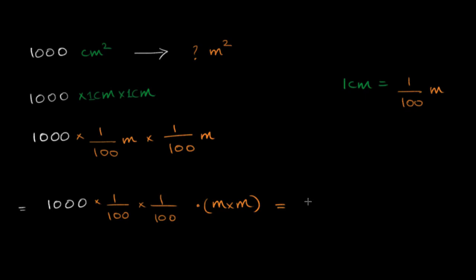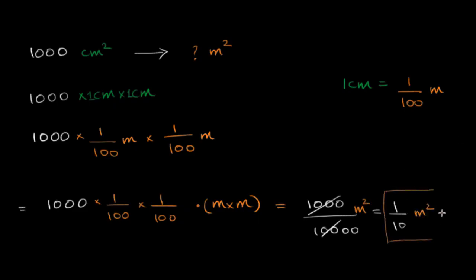So what is this going to be? 1000 divided by 100 and another 100. So 1000 divided by 10,000, or that's 1 by 10, and the meter square would have come along with me. So 1/10 of a meter squared, or 0.1 meter squared.